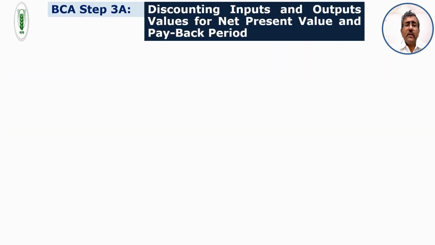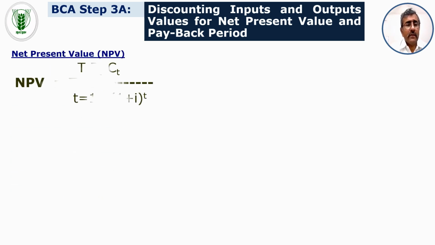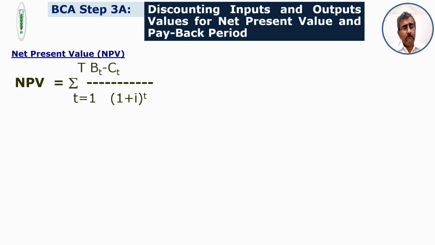The first indicator for benefit cost analysis is the net present value, and it is estimated using the following formula, which says every year's cost is to be subtracted from its respective benefit.